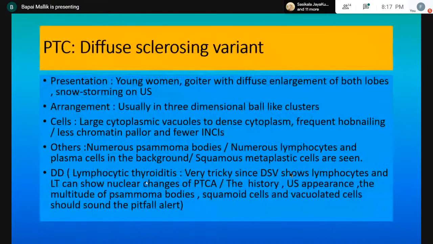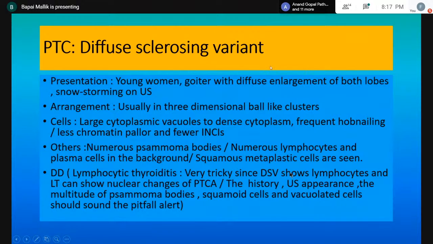The next one is a very interesting variant. It is the diffuse sclerosing variant of papillary thyroid carcinoma. The presentation is very, very important. It usually affects young women, but the important thing is that they present as goiter with diffuse enlargement of both lobes of the thyroid. So if somebody comes to you with a diffuse enlargement of both lobes of the thyroid, you might not think that you are dealing with a malignancy, right?